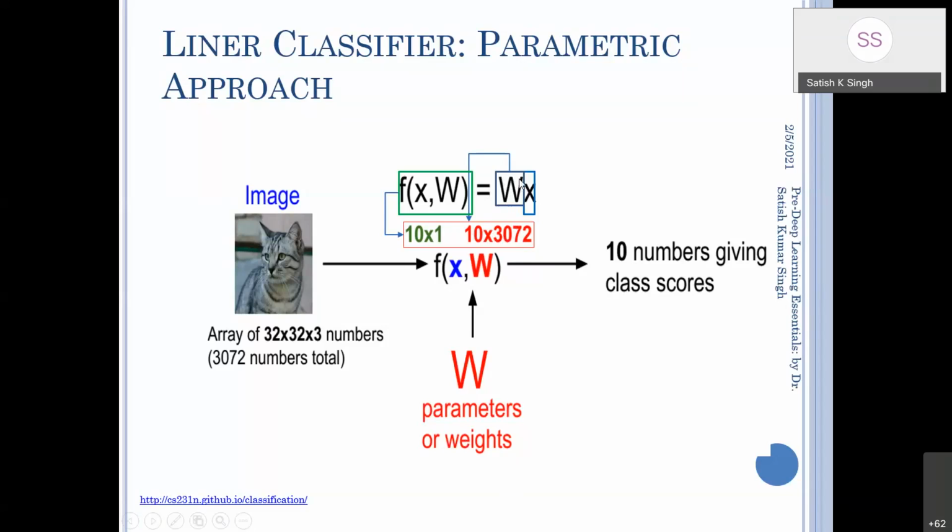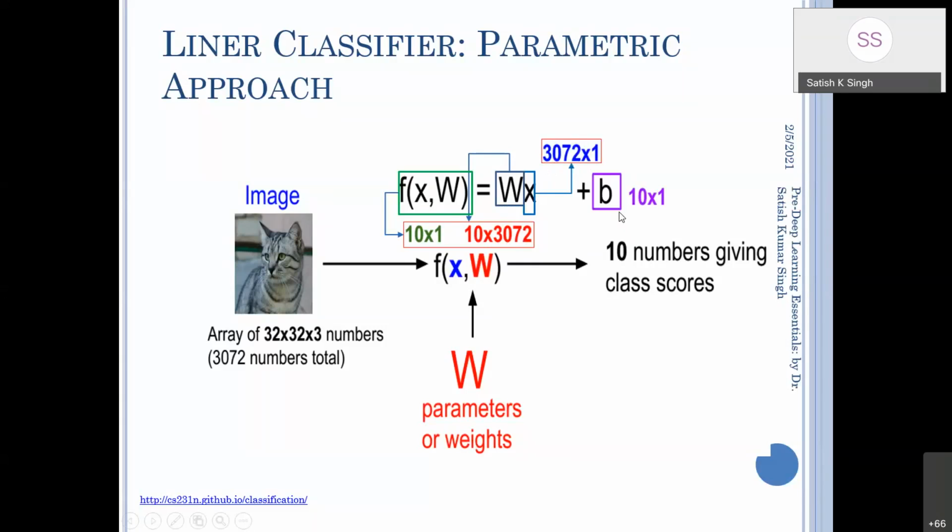But if we keep the size of the image very small, then what happens? There will be fewer values in this W. And how many values for this X? Here 3072 by 1. So this is the input vector. And we are using some bias terms.